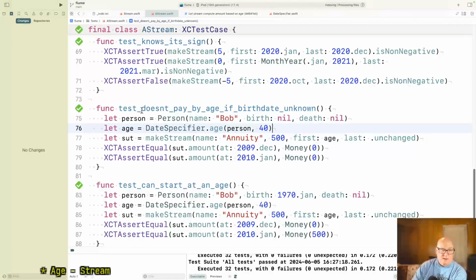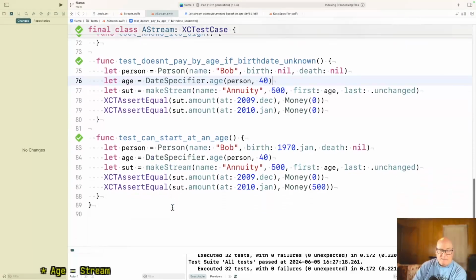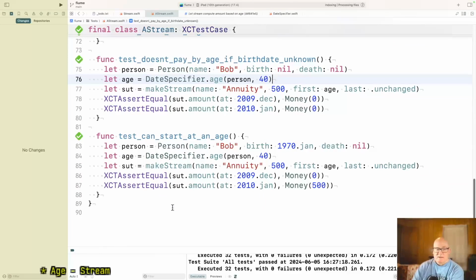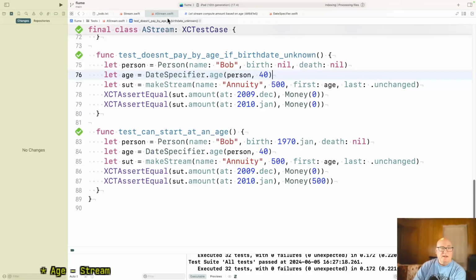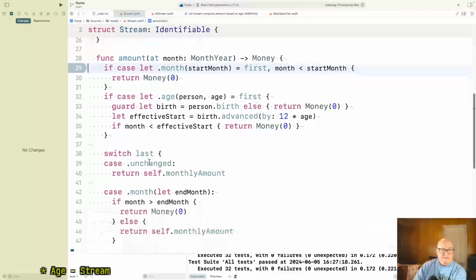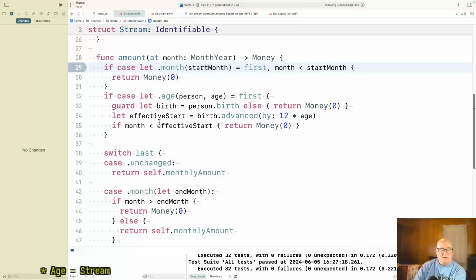Okay, so if we pay by age, yeah, maybe that means I need better names. Start date. Well, this is like the current month.